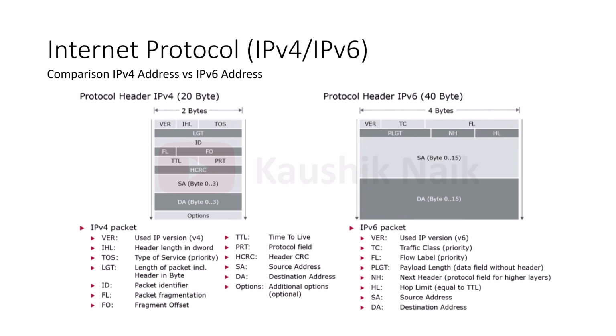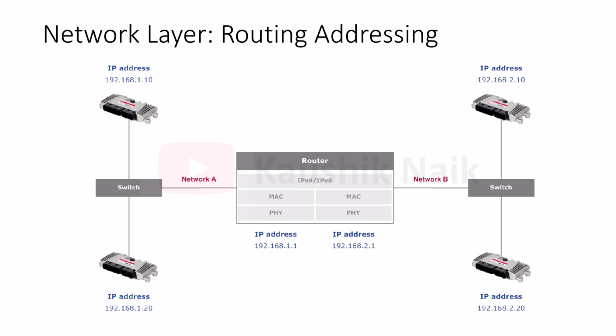So, when we spoke about the Ethernet protocol, we saw source MAC address and destination MAC addresses. But here the source and destination addresses are IP addresses. Let us understand the network layer with an example.